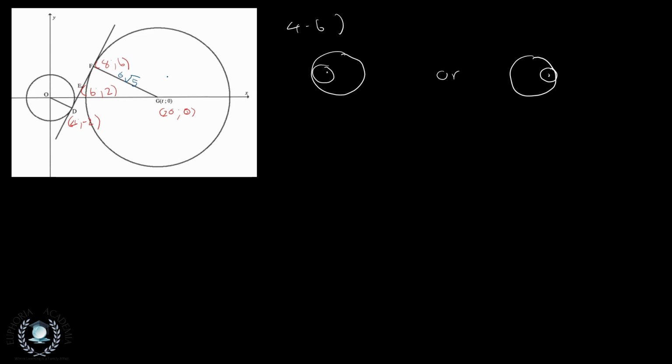In order for us to be in a situation like this, we know that the distance between the centers is going to be calculated by R2 minus R1, R2 being the larger radius, so the larger circle. We know that the smaller circle lies on the origin and the bigger circle has an x value of 20.